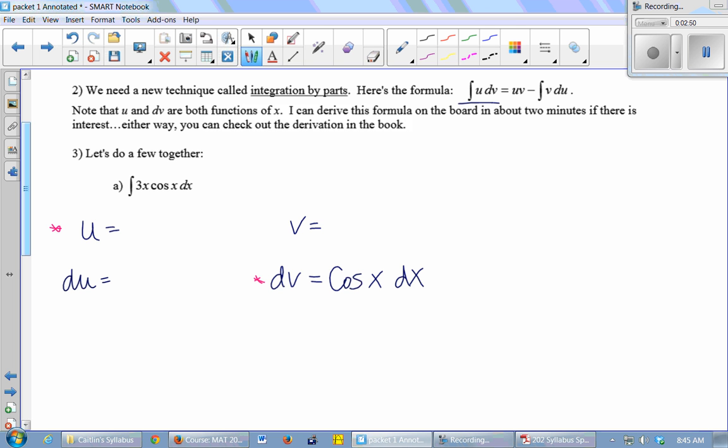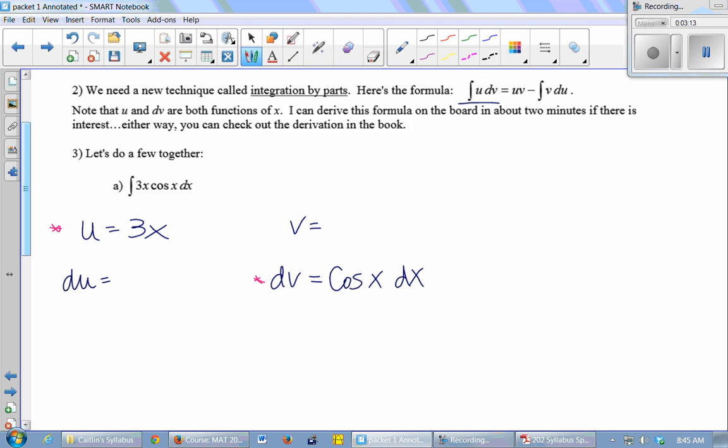If I had chosen dv to be the 3x, it would be 3x dx. The dx always goes with the dv part. All right, so then my u is my 3x. And to apply the formula, I have to know what du is, and I have to know what v is. So I'm going to differentiate and integrate to get these two things.